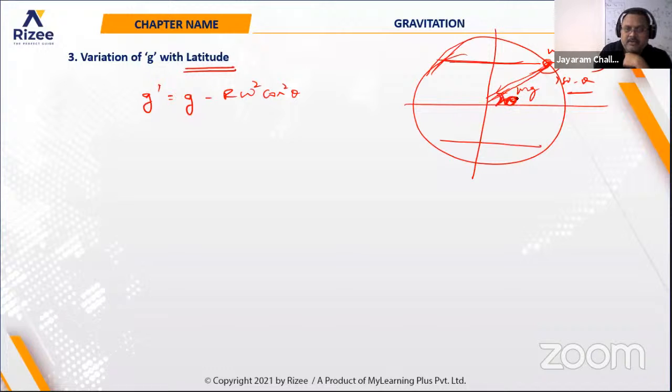As the theta value changes, the G value also changes.